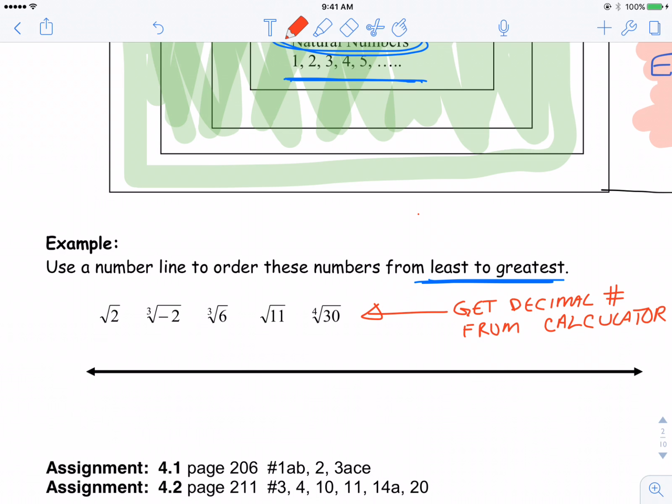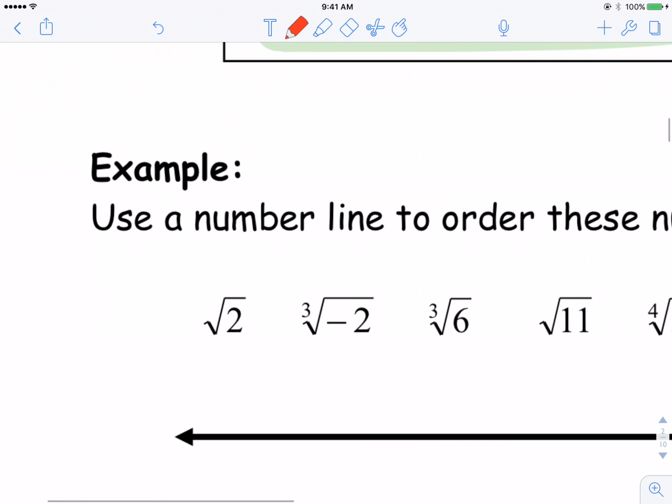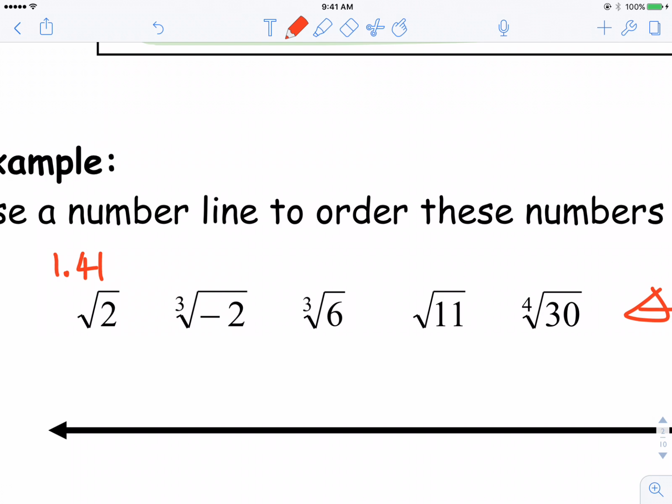The square root of 2, on second function square root of 2, is 1.41. The cube root of -2 is -1.26. The cube root of 6 is 1.82.